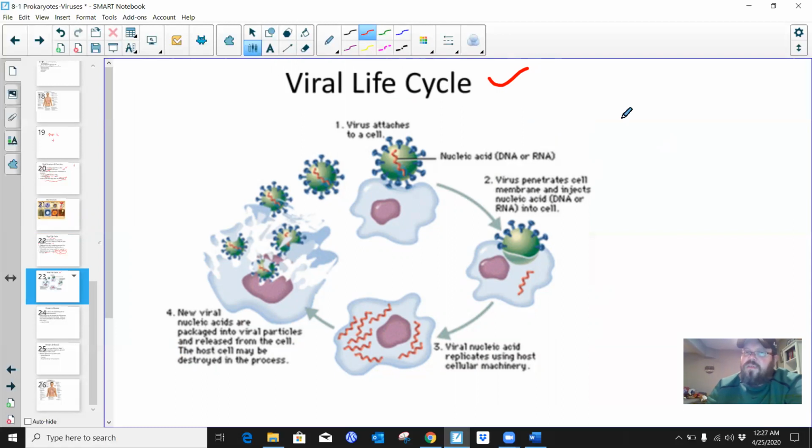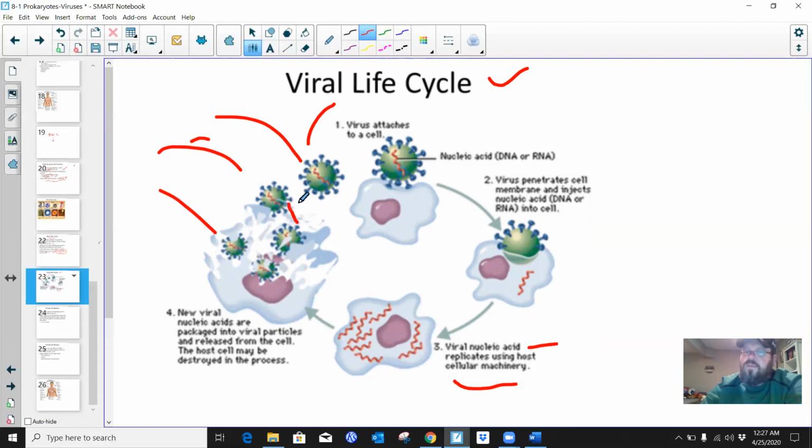So the virus attaches to a cell, and it ultimately has some nucleic acid, either DNA or RNA, that ends up penetrating, and the virus penetrates and injects its material into that host cell. Now, this viral nucleic acid replicates using the host cell's machinery, and now new copies of that virus end up bursting out of that host cell to go on and to infect other cells, right?